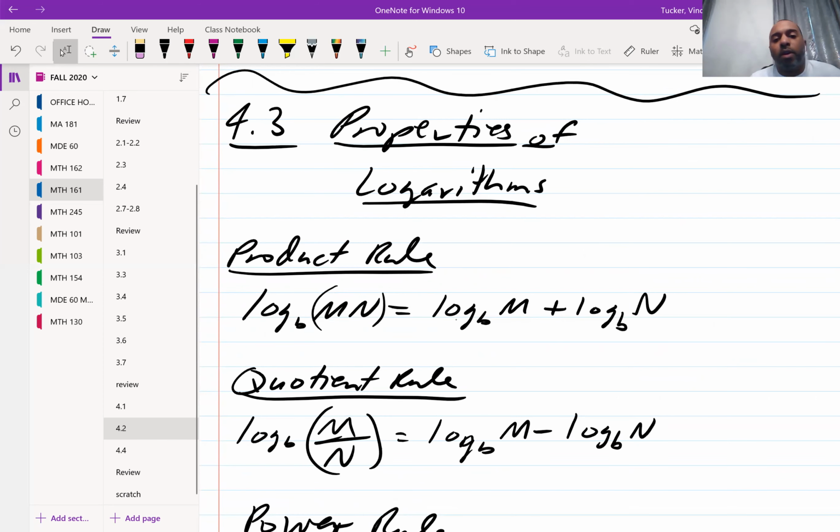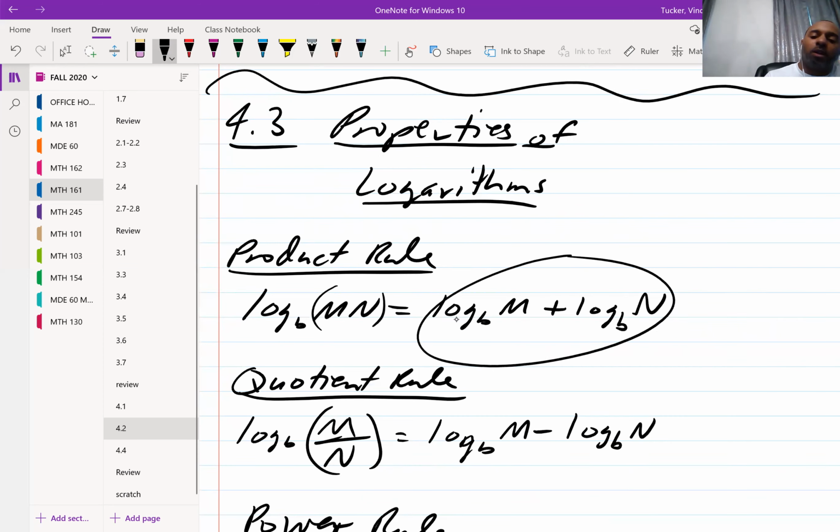All right. Properties of logarithms. So we have our product rule, log base b of m times n. You can rewrite that as log base b of m plus log base b of n.